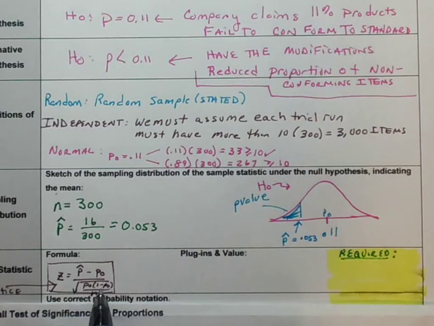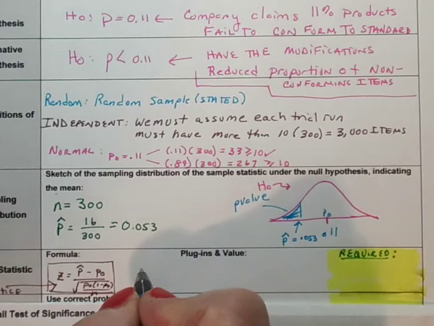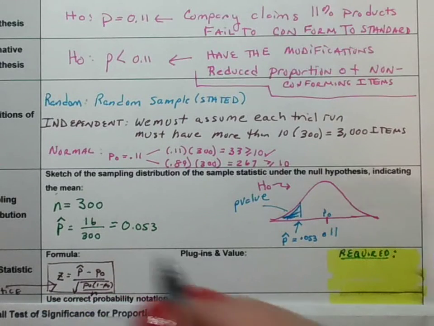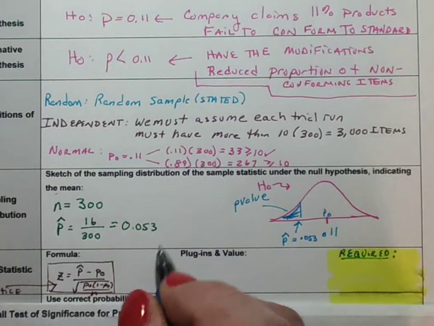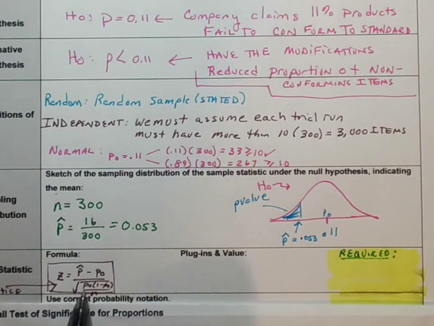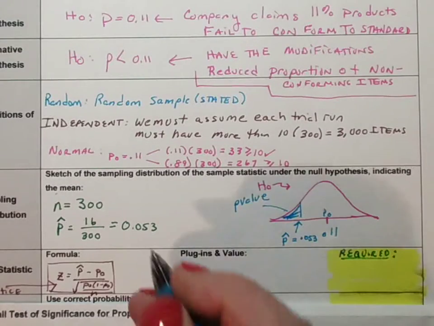So when we're doing this, you don't have to write the formula, but as you're going through and doing these problems, it's good that you write the formula so you can remember it. And I don't know if you can see this, but this is p naught, 1 minus p naught, divided by n, and the whole thing is you take the square root of it. All right.